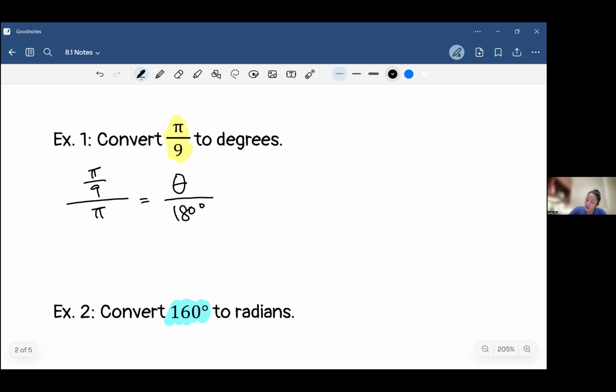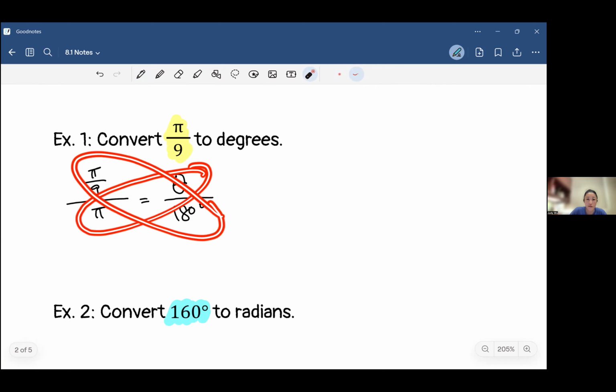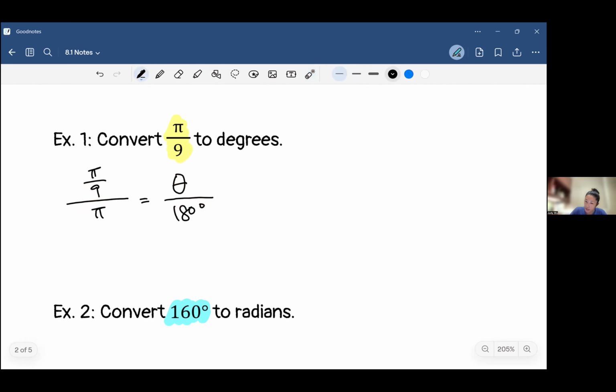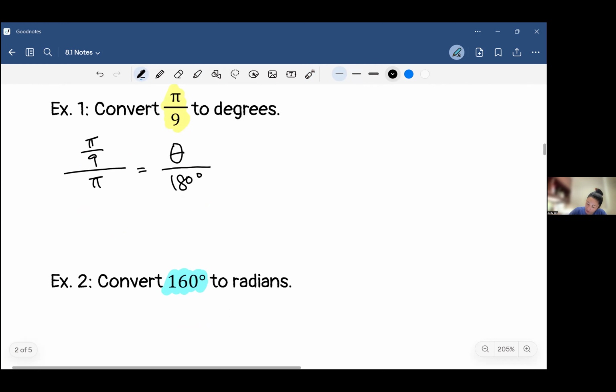Now, what I would do from here is go ahead and cross multiply. And what that's going to do for me is get me no fractions. So I'm going to get theta times pi equals 180 degrees times pi over 9.